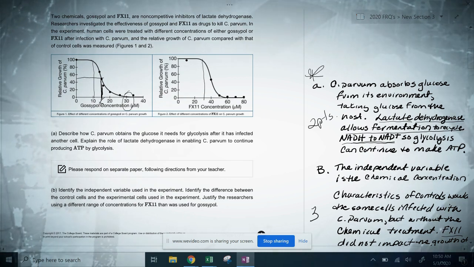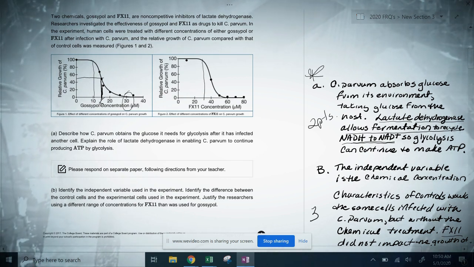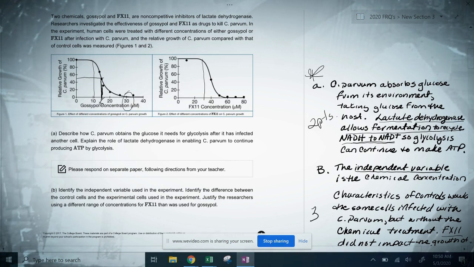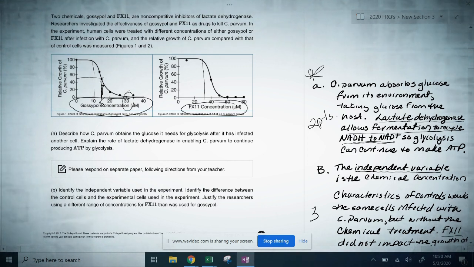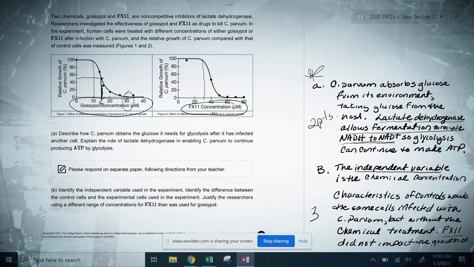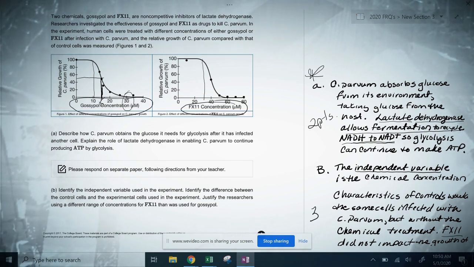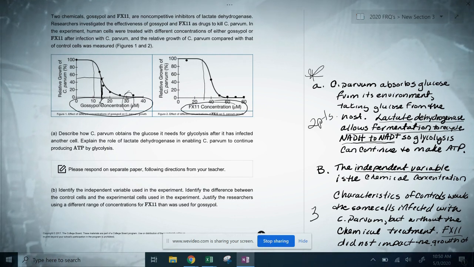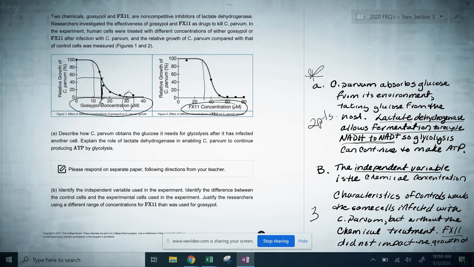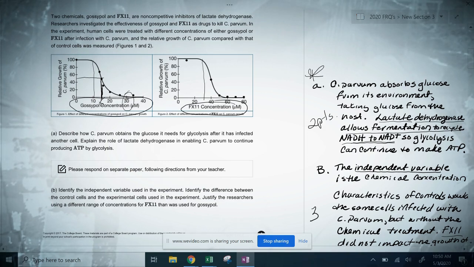So the independent variable over here on B is going to be that chemical concentration, either the gossypol or the FX11. For the difference between the control and experimental cells, I put that the control cells would be the same cells infected with C. parvum but without the chemical treatment. Having the chemical treatment would be the experimental ones. So that is the difference.